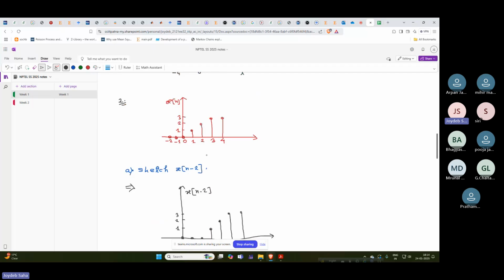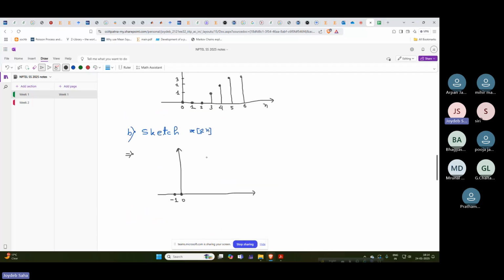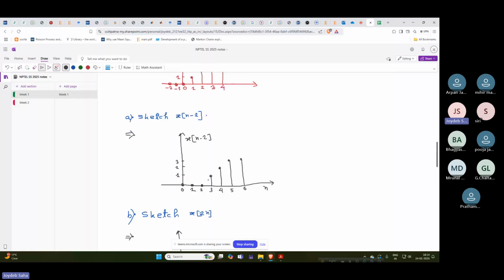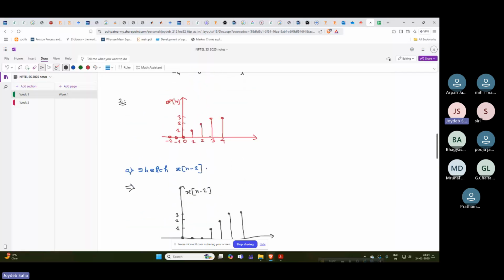True value was 2, so at 1 we will get 2, right? Then 3, there is no 3 because 3 by 2 will not be an integer.